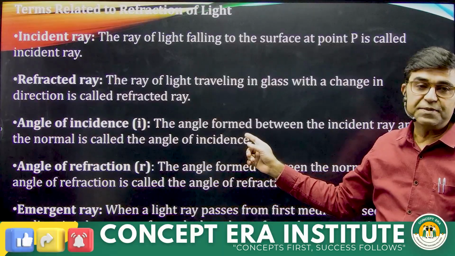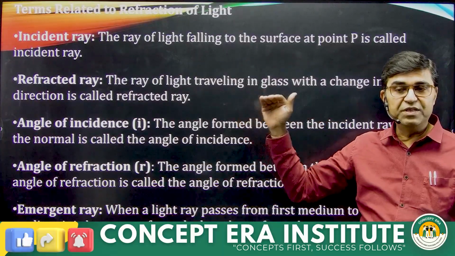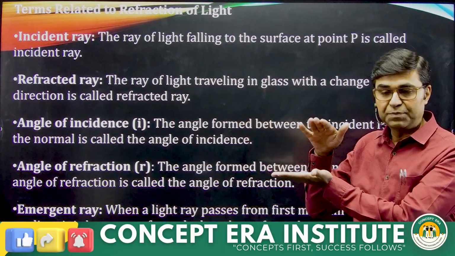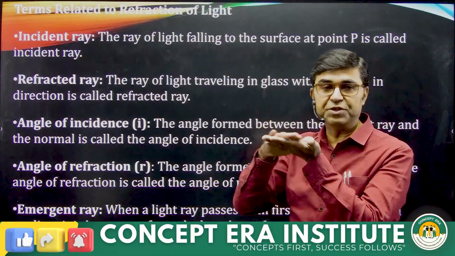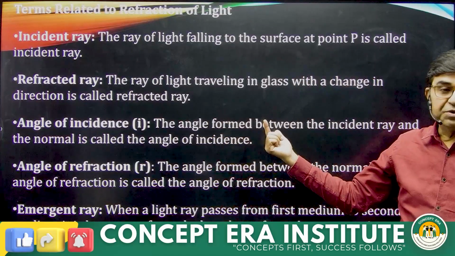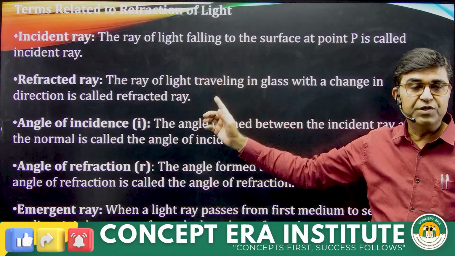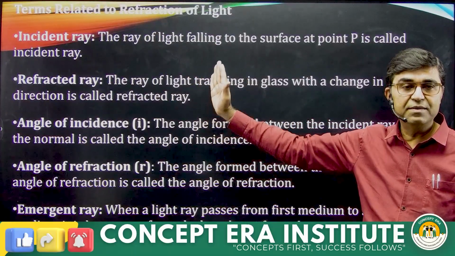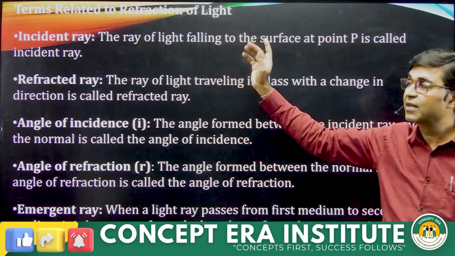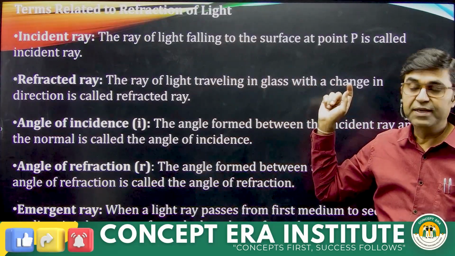Angle of incidence. Now there is a boundary between the two media, suppose we take glass and air. On that boundary, where the incident ray strikes the second medium, we draw an imaginary line perpendicular to the boundary. That is known as the normal.